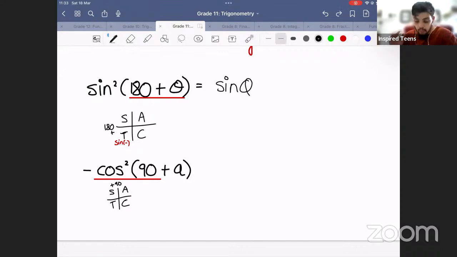When it's squared, even if it's in the negative quadrant, you cannot write a negative. I hope that makes sense. So this is going to simplify to the negative that's already there. You have to leave it. This is the reduction of negative cos squared (90 plus alpha). That negative is already there, multiplied by positive sine, because it's cos 90, positive sine squared alpha. So this simplifies to negative sine squared alpha.